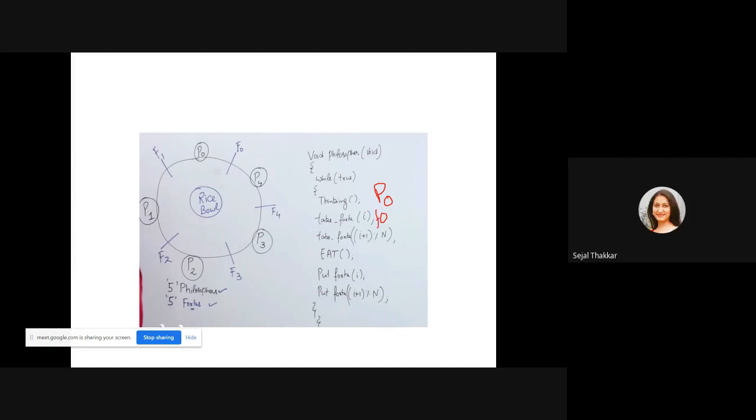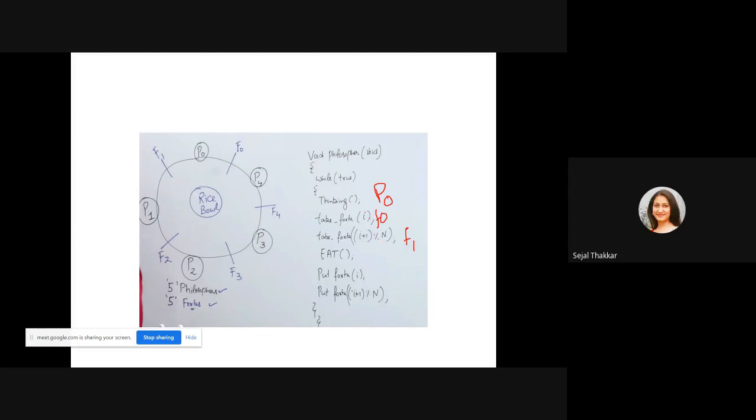The next fork he needs is (i+1) mod n, where n is the number of forks, 5. The mod operator is this, right? And 1 mod n is 1, so this is fork 1. P0 needs fork 0 and fork 1, so he will take fork i and fork (i+1) mod n. Then he will start eating.